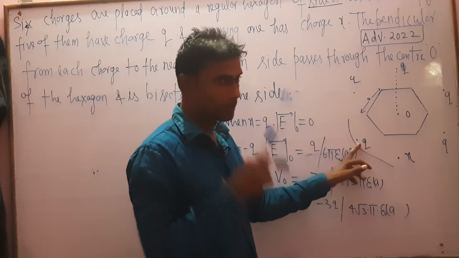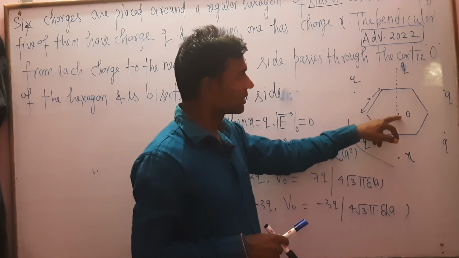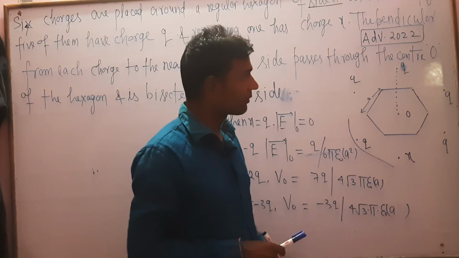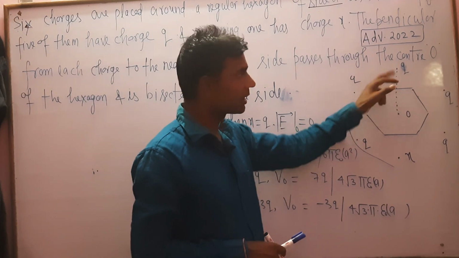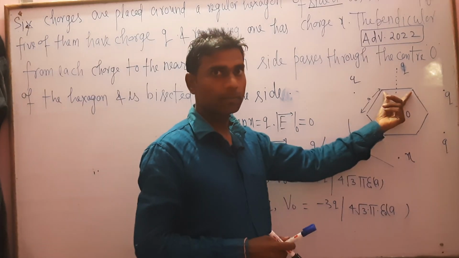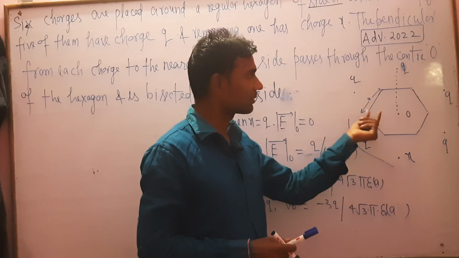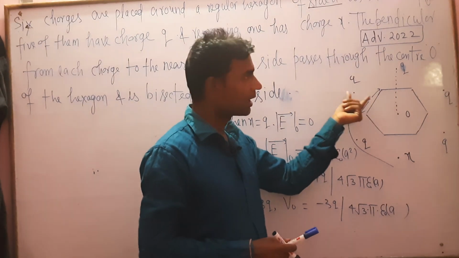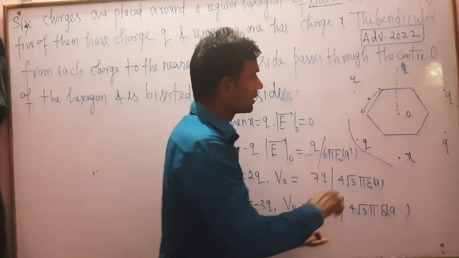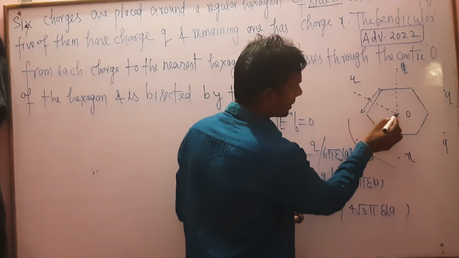Also, this is the line joining O to the charges, and this is the perpendicular bisector of the sides. Let us suppose this is the side a and this is the charge Q, and this is the perpendicular bisector.